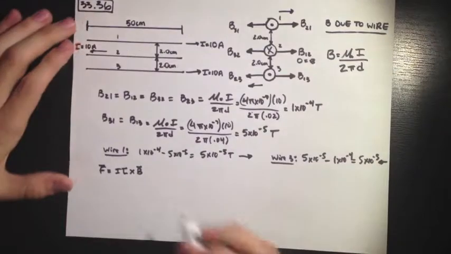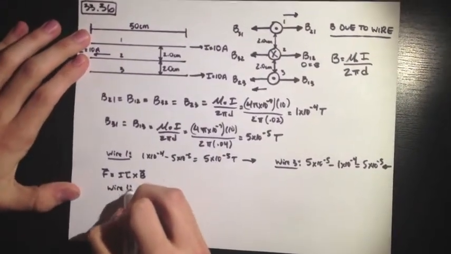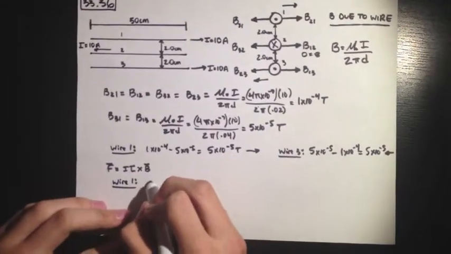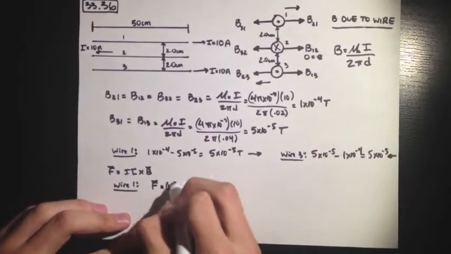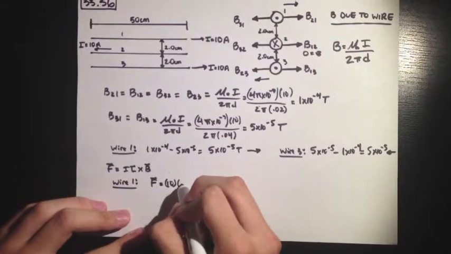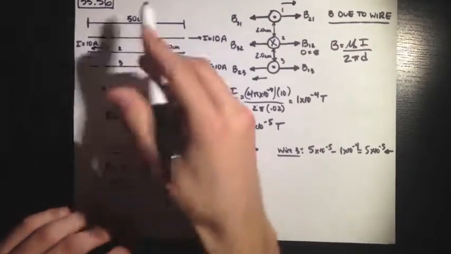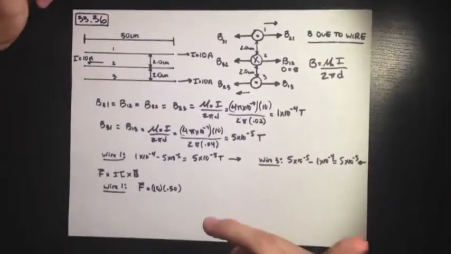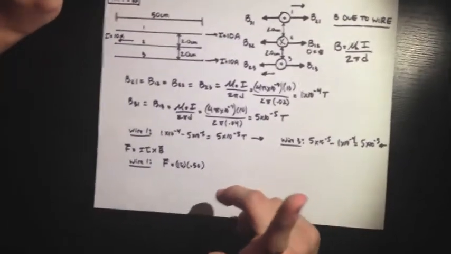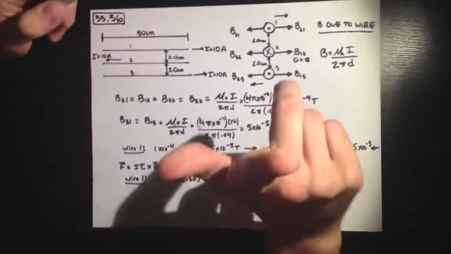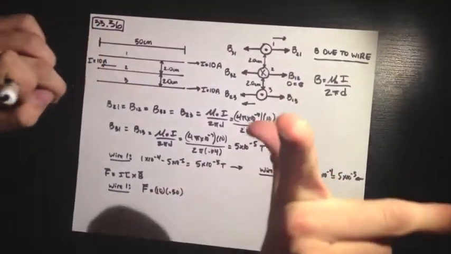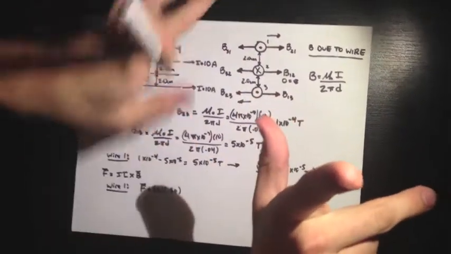So for wire 1, we have IL cross B, which is going to be 10 times the length, which is 0.5, because it's 50 centimeters. And to do the cross product here, we're going to use the right-hand rule. We put our index finger in the direction of the current or length, which is going to be up, and then our middle finger in the direction of the B field, which is straight to the right, and our thumb points in the direction of the force.